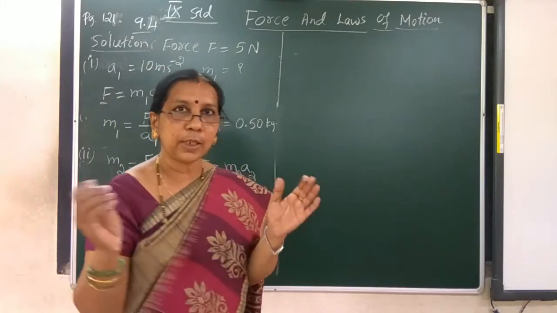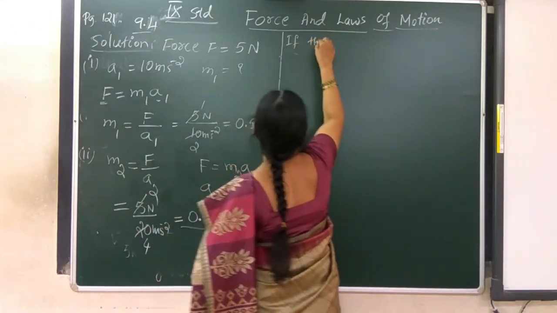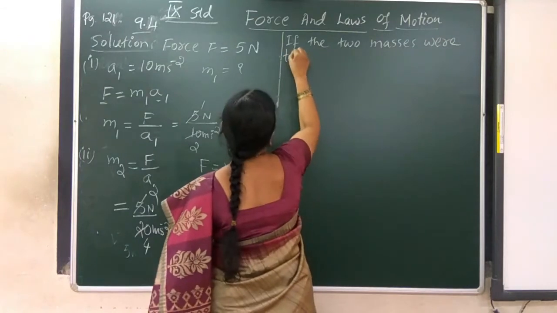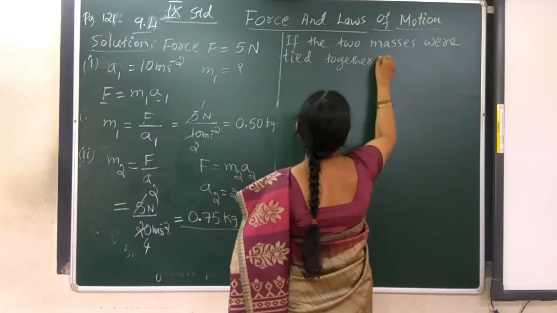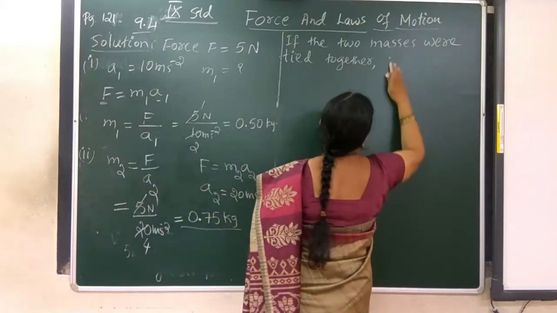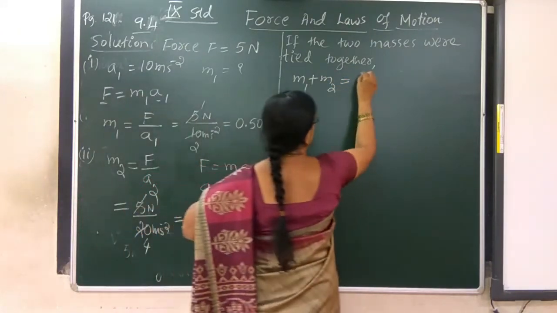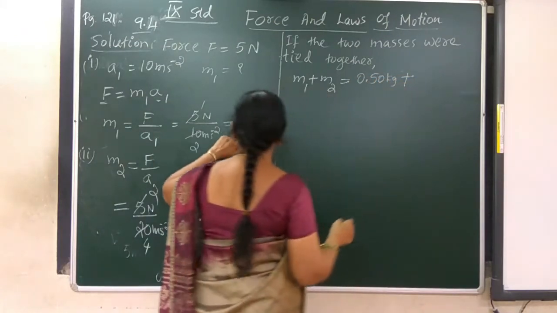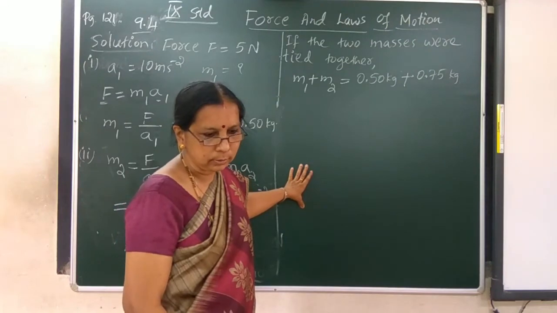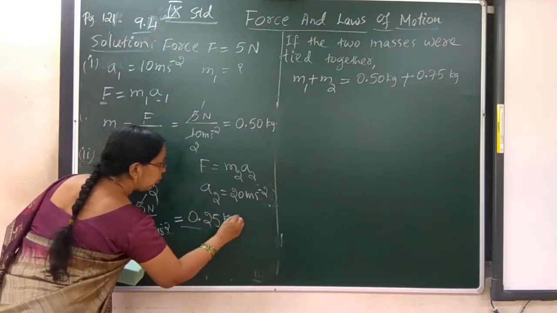What is asked here: if these two masses are tied together, then what will be m1 plus m2? Let us write here, m1 plus m2 is equal to m1, 0.50 kg, plus m2, which is 0.25 kg.